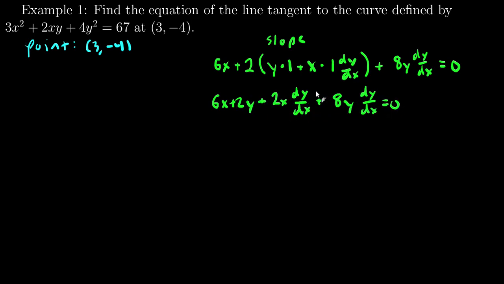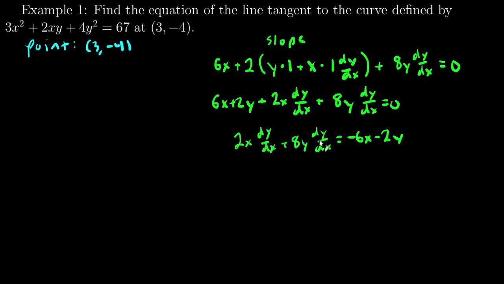And now I'll try to solve for dy/dx, so I'll subtract 6x and 2y from both sides and get 2x dy/dx plus 8y dy/dx equals -6x minus 2y.